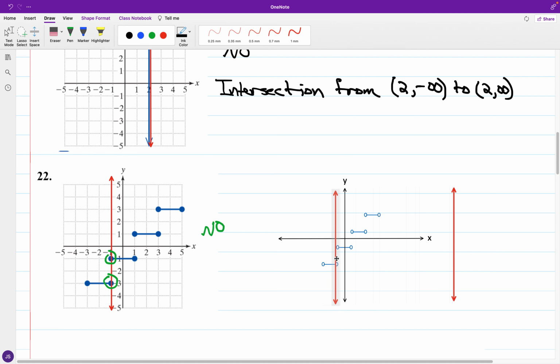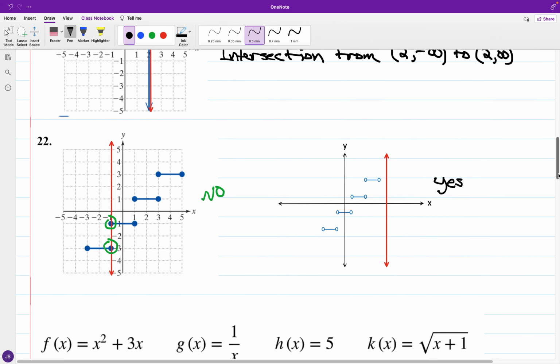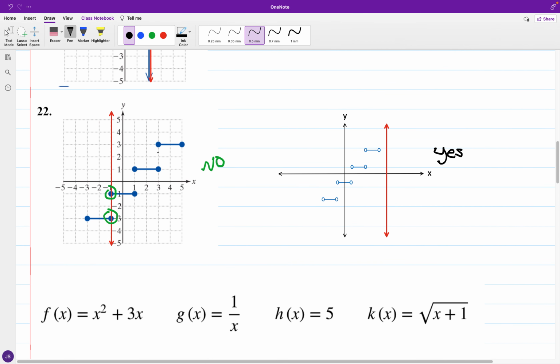Open circles are not included as portions of the graph, so between the open circles you have intersection at most one point with the vertical line. So if I had replaced the closed points with open circles, then this would constitute a function. I just thought I would throw that out. So 22 with the solid points prevents the full requirement of passing the vertical line test, but if I had holes instead of solid points, then the segments would have constituted a function.